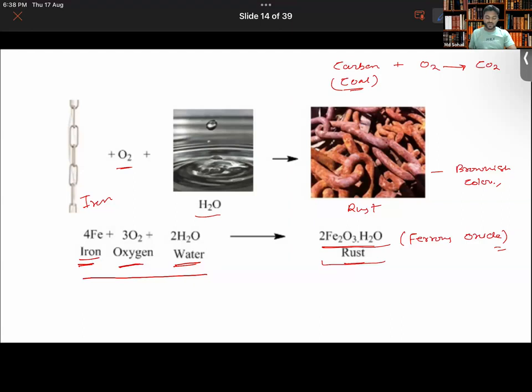So carbon in short is represented as capital C, and the oxygen molecule as O2, and both of them combine to give CO2. Right. So in chemical terms, we have assigned symbols to each element and compound. Carbon has been assigned the symbol capital C, and oxygen the symbol capital O. Getting it, guys?